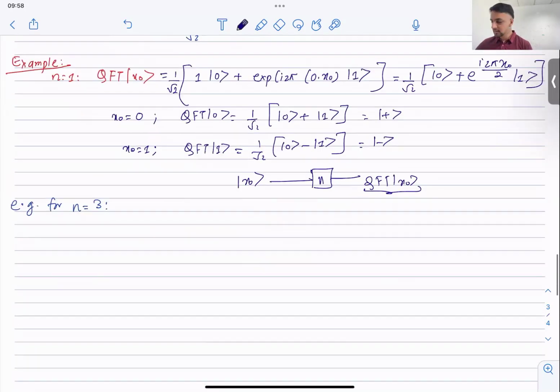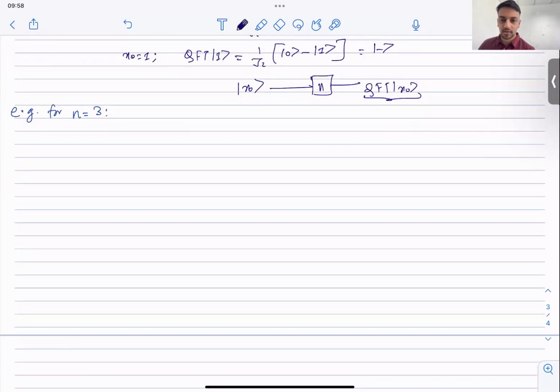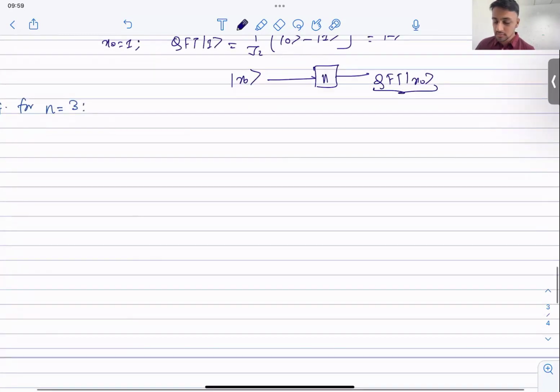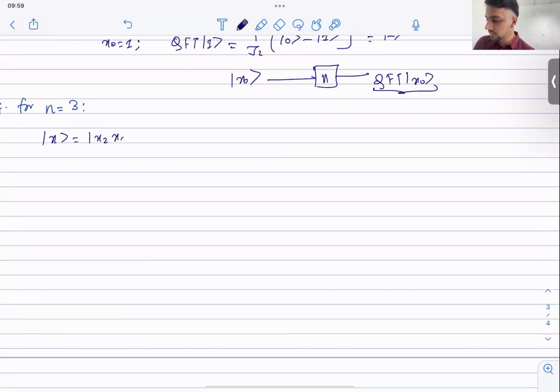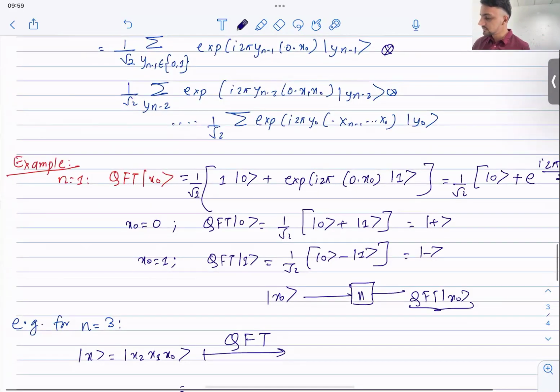Now let's look at the 3 qubit case. For the 3 qubit case, you have x2, x1, x0. So this is my input state. I apply QFT on it, and I just use this definition.